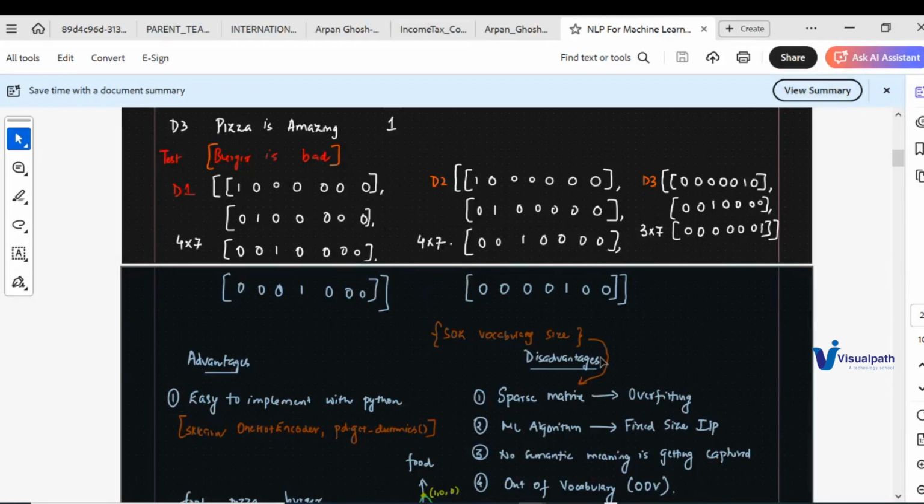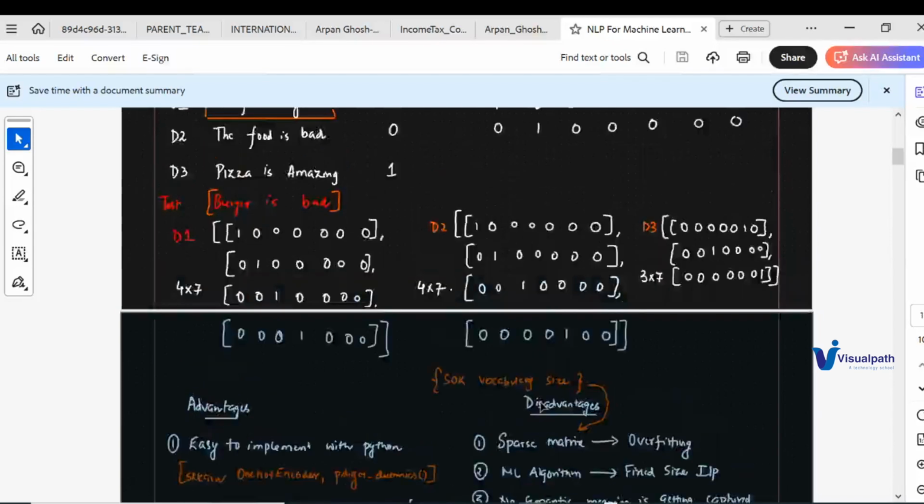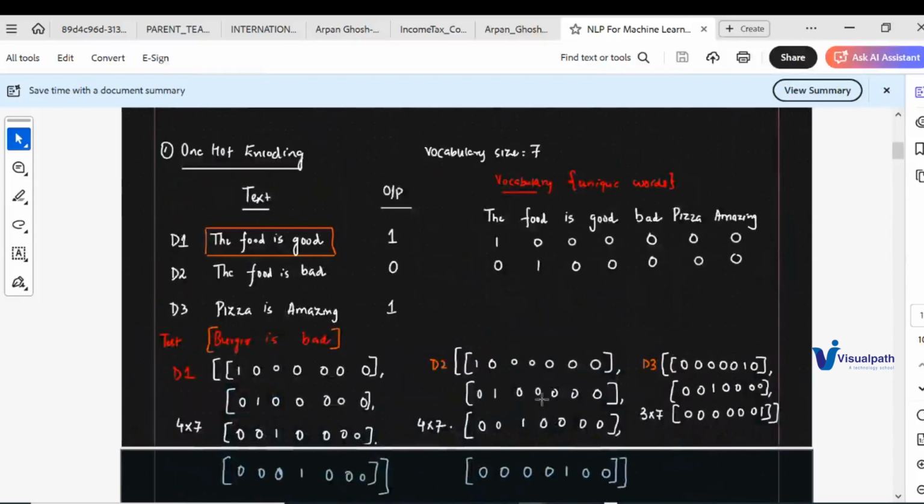Now, the major problems were two: out of vocabulary and semantic meaning. These last two are the most important ones. Semantic meaning is what? It is not able to capture the context, right? When I say the pizza is good, is it able to capture the context that it is talking about the food?